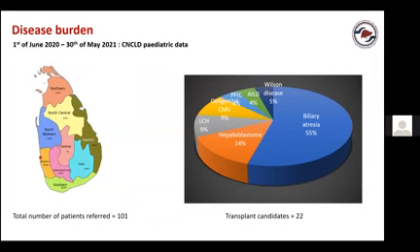If we look at the data, we analyzed all the referrals which took place to our unit, CNCLD, between 1st of June 2020 to 30th of May 2021. There were 101 children who were referred to the unit during this period. And of them, 22 children were identified as needing a liver transplant.